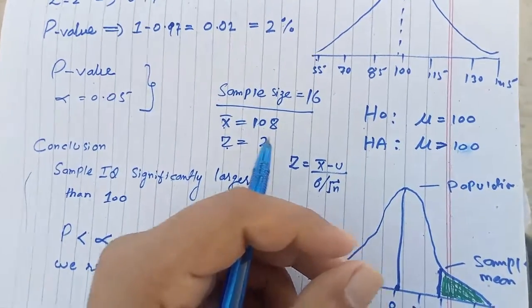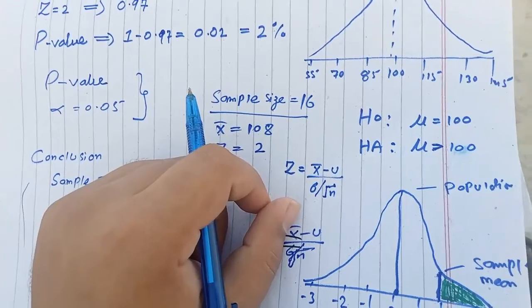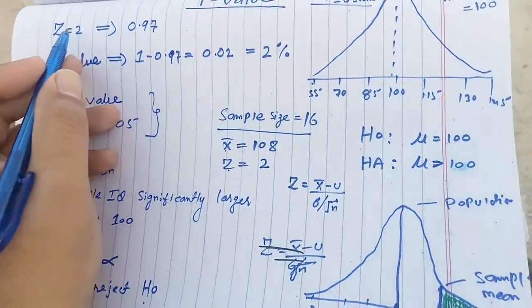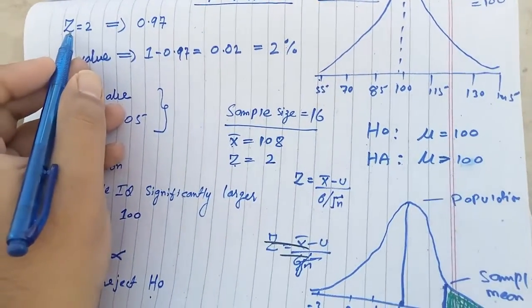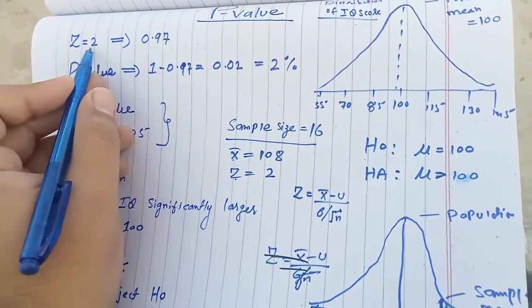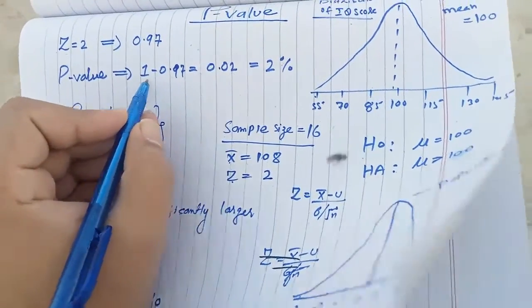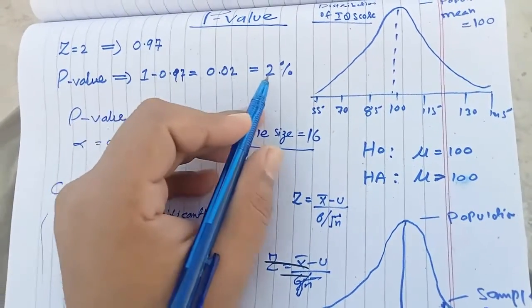We calculate the p-value. How? As we have calculated the z, which is 2, with the help of the z-test we found 0.97. We subtract this from 1 and get 0.02, which is 2%.